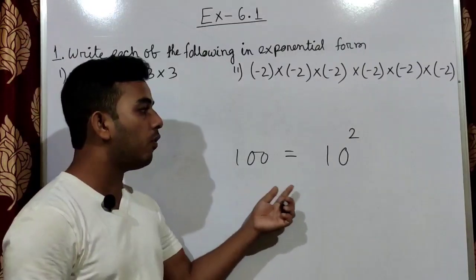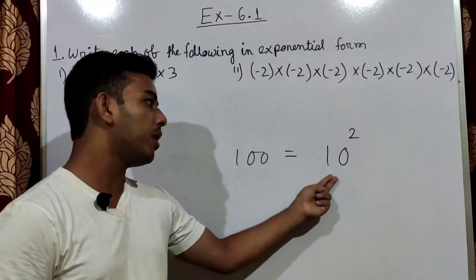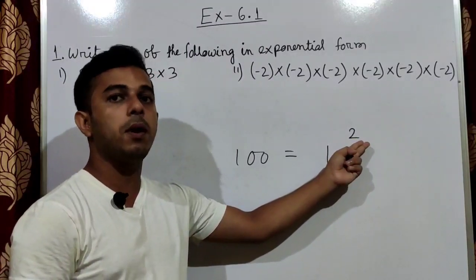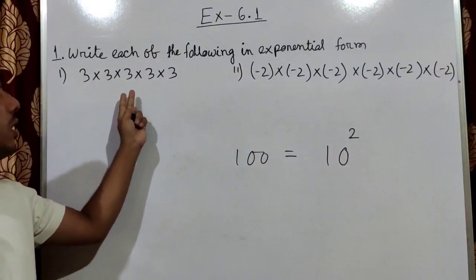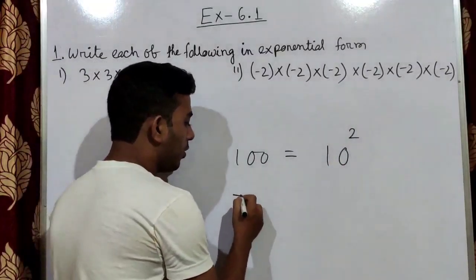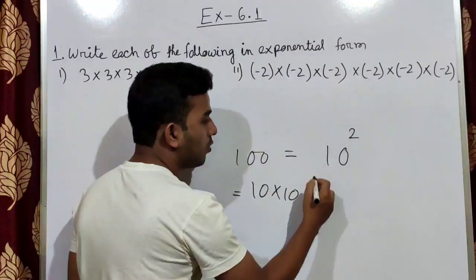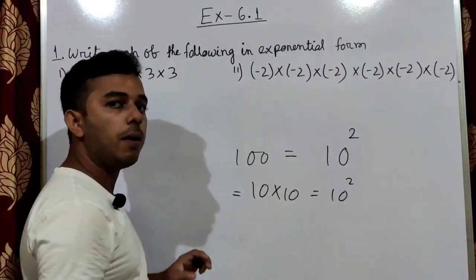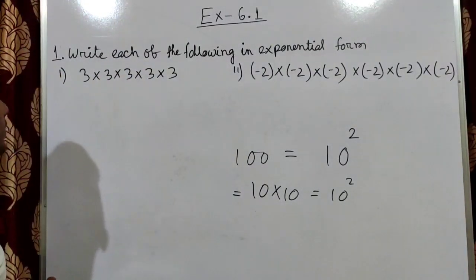This is its original or usual form, and this is exponential form. This is known as base, and this is known as exponent, power or index. Clear? Now we have to express those numbers in this exponential form. One more thing, we can write 100 as 10 into 10. So we have written it as 10 to the power 2. Up to this clear? Okay, now let us proceed with our exercise.